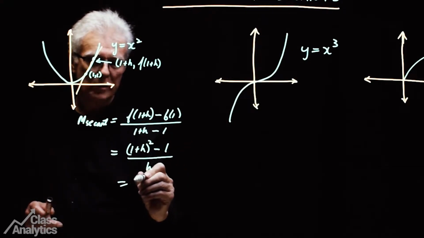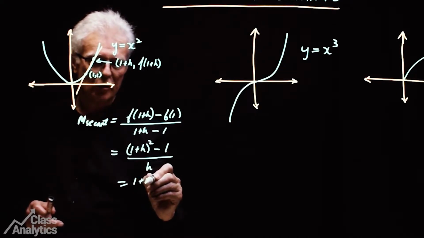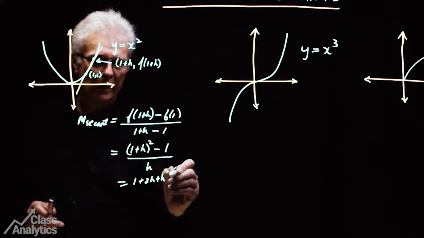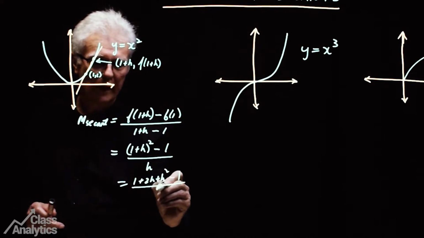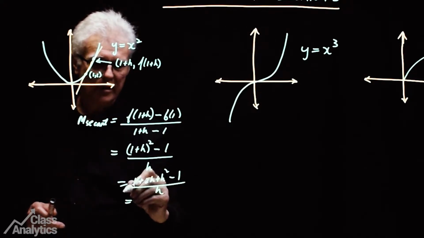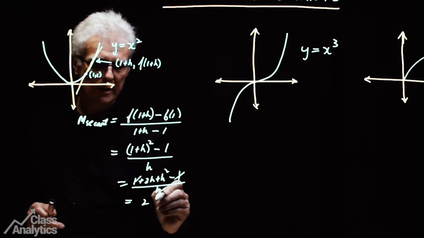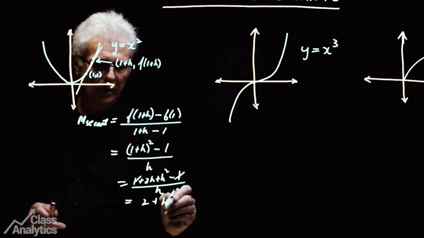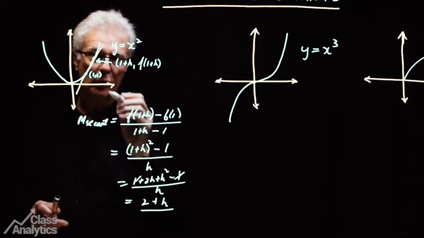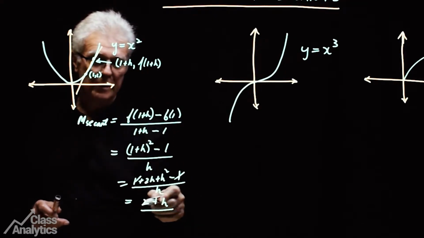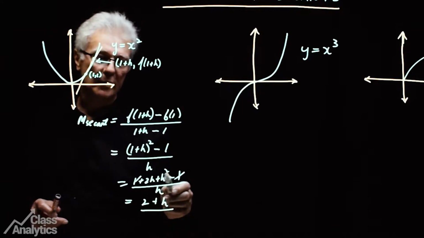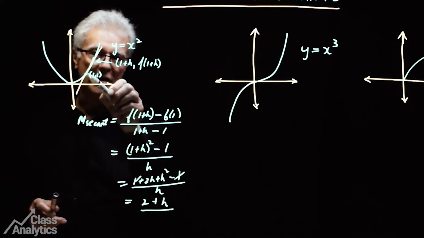And that becomes 1 plus 2h plus h squared minus 1 all over h. The ones go out, and h will go into this one twice, and h in that one h times. And that is the gradient of your secant, which is very important when we work out using the calculus later for the gradient of tangents.